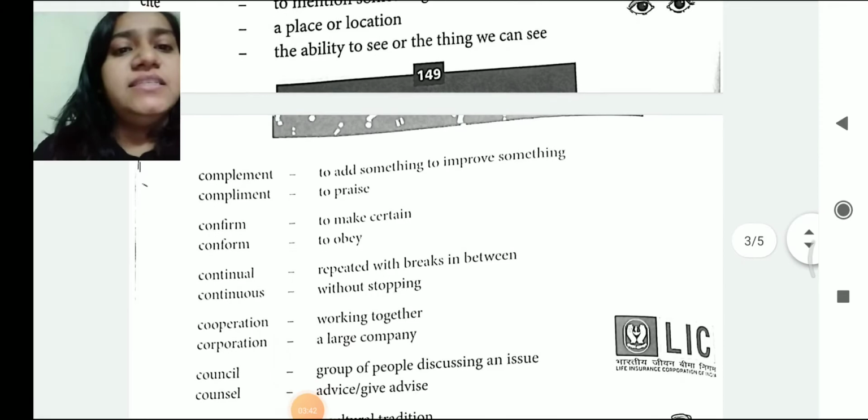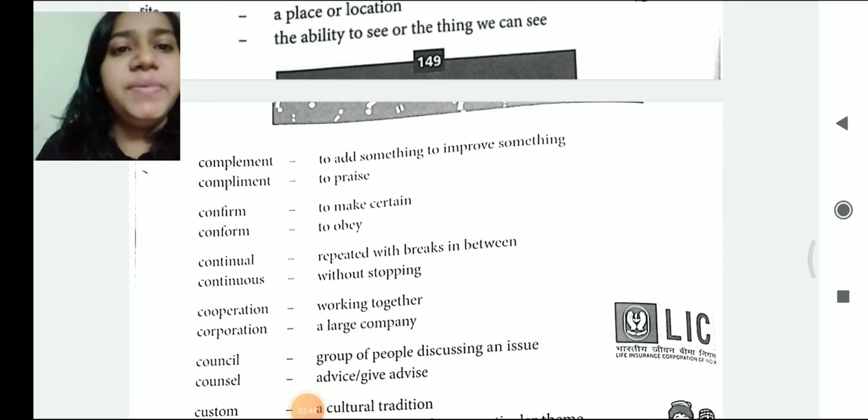The very next is complement. COMPLEMENT, complement, to add something, to improve something, and compliment, that means to praise. See here, there is only the difference of a single letter in the spelling, but the meaning of both of them is entirely different. Confirm, that means to make certain, and conform, that is to obey.